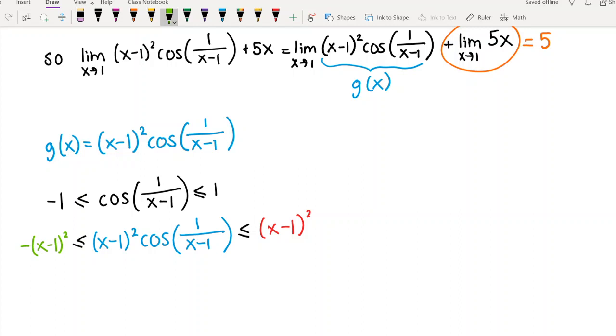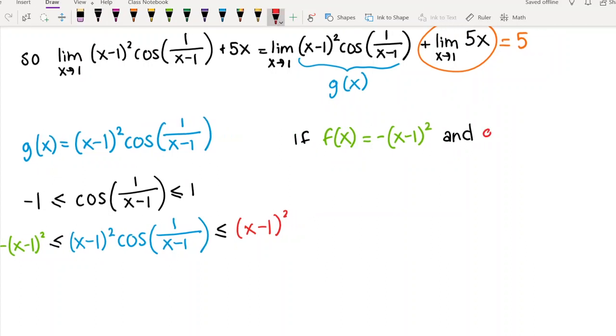So we found our two bounding functions, right? Now we know that if f of x is equal to negative x minus 1 squared and h of x is equal to positive x minus 1 squared, then we just found that g of x is in between f and h.